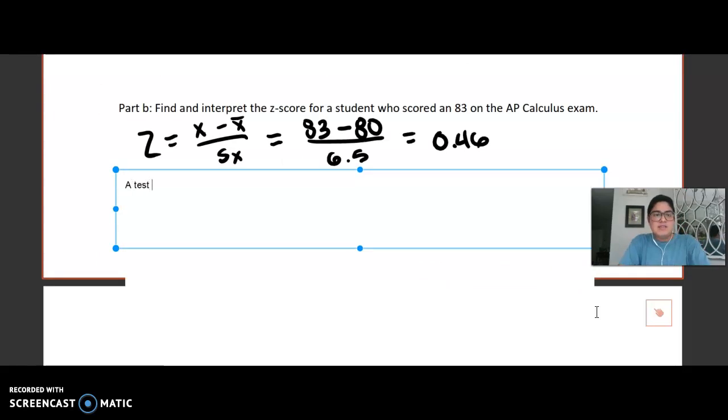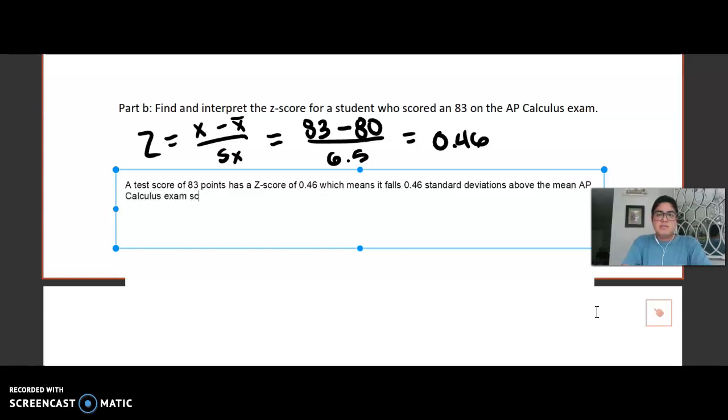A test score of 83 points has a z-score of 0.46, which means it falls 0.46 standard deviations above the mean AP Calculus exam score of 80 points. Boom. That's all you need to do.